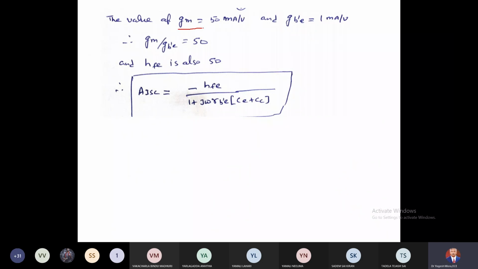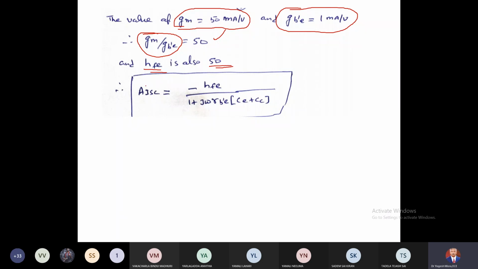Now the typical value of gm is 50 milliampere per volt and gb'e is 1 milliampere per volt. So the ratio gm by gb'e is 50, and hfe is also 50, right? We know the typical value of hfe.